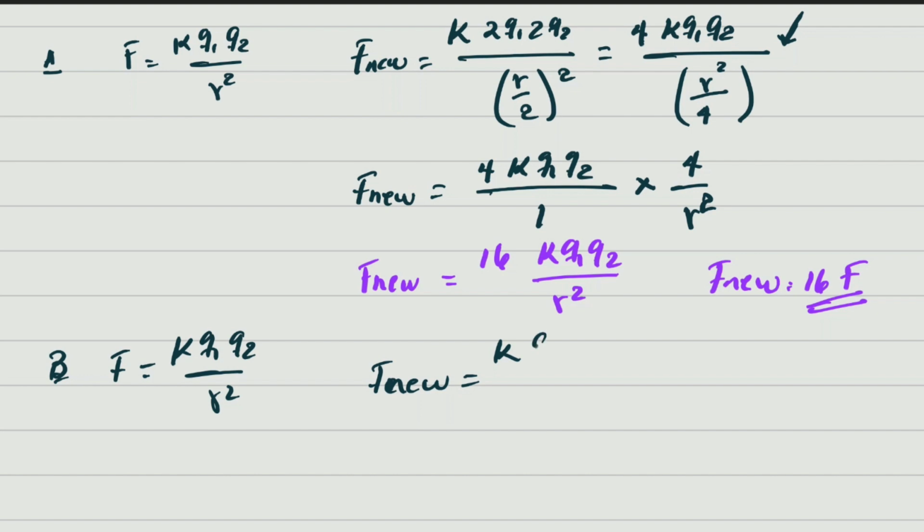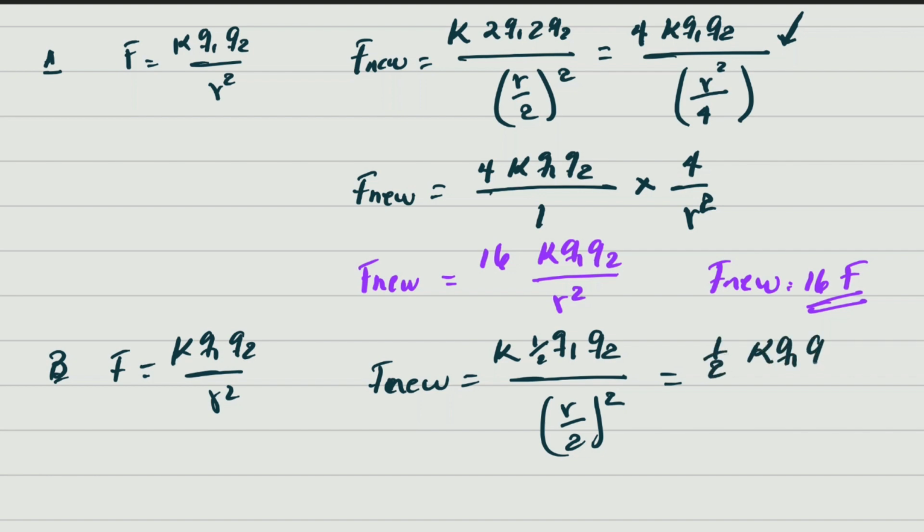So in this case, you have half Q1, Q2 stays the same, and the distance is half like before. So half the distance, everything squared. And now guys, you have to solve this one here. So what we have there is that this one is half. Let's isolate that one. K Q1 Q2 divided by R squared divided by 4.